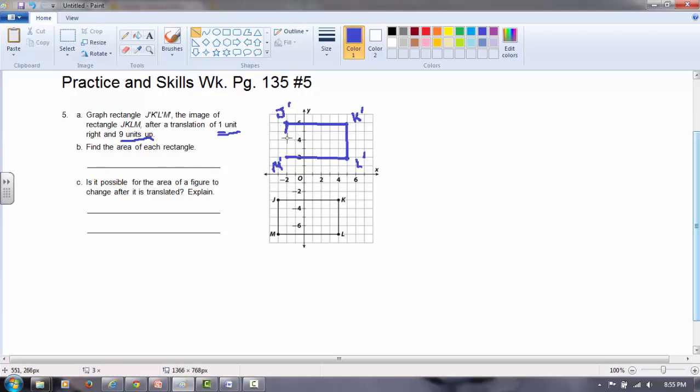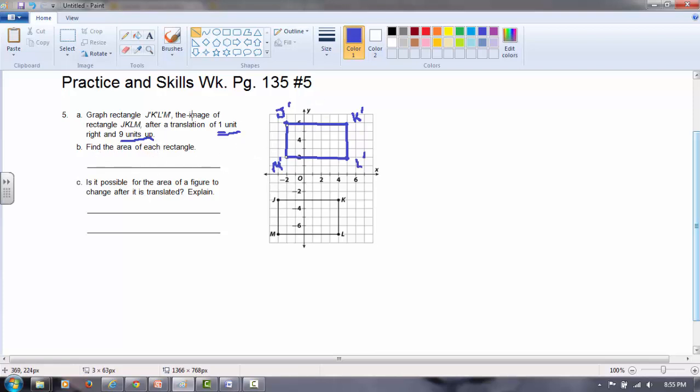Okay, not quite a right angle. It should be a right angle. It's not quite working very well on my whiteboard. But this is a rectangle here. Okay, really important: they all have 90-degree angles. You'll be able to tell that. Okay, so this is part A. So we're done with that.